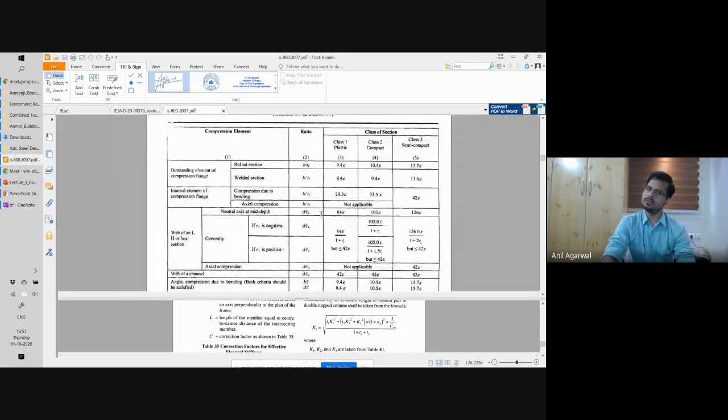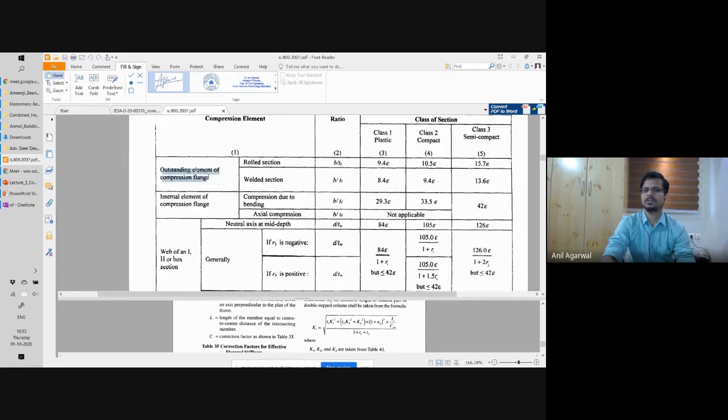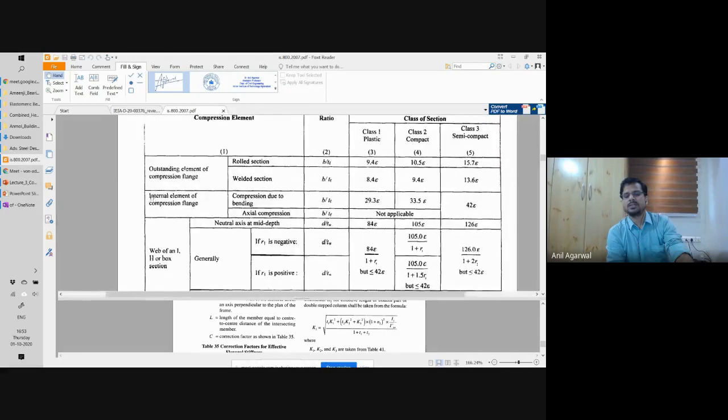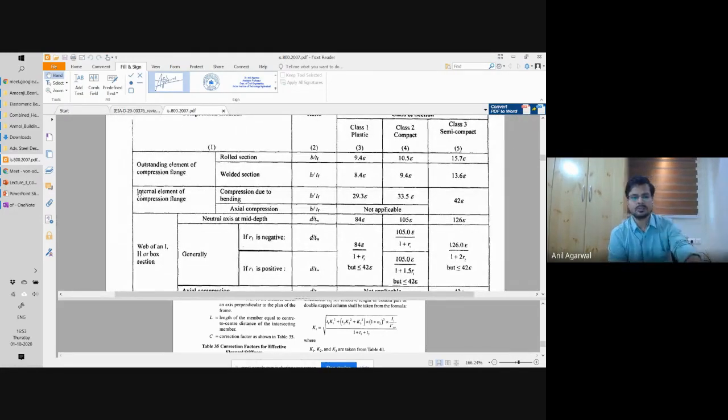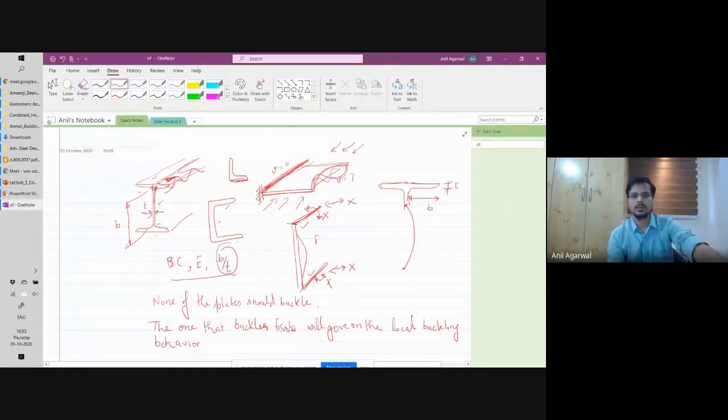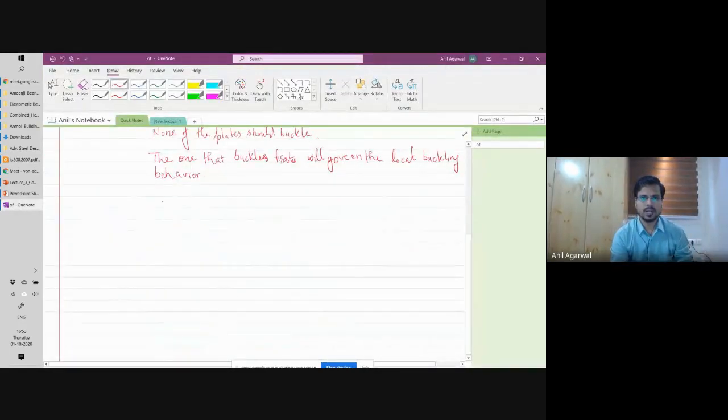And then, which kind of cross section is it? A flange in an I section under compression will be called an outstanding element of a compression flange. When will it be an internal element of a compression flange? You may have an I section where sometimes there are stiffeners going this way to provide additional lateral restraint.